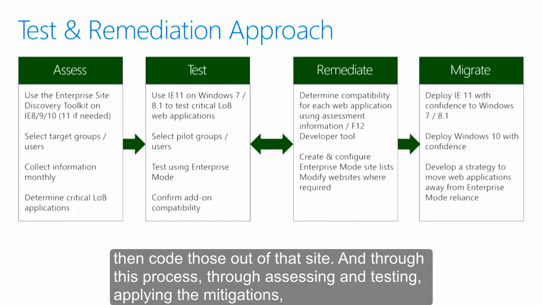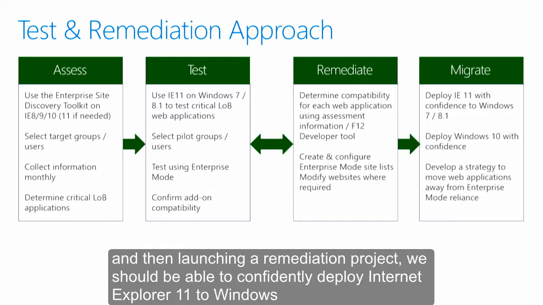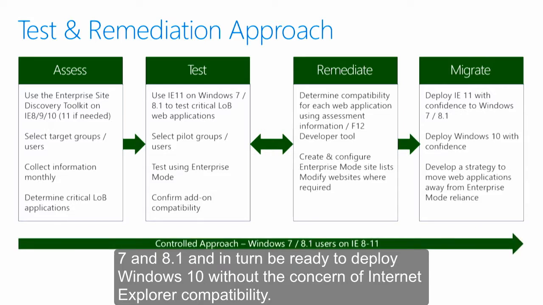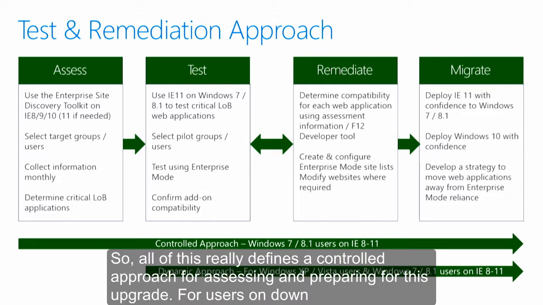And through this process, through assessing and testing, applying the mitigations, and then launching a remediation project, we should be able to confidently deploy Internet Explorer 11 to Windows 7 and 8.1, and in turn be ready to deploy Windows 10 without the concern of Internet Explorer compatibility. So all of this really defines a controlled approach for assessing and preparing for this upgrade.